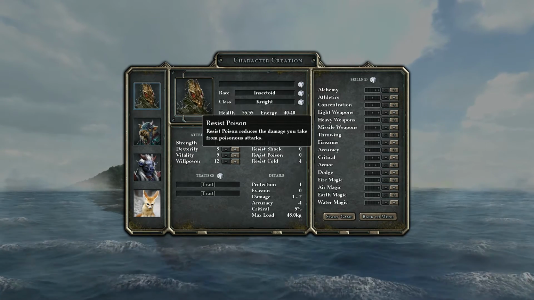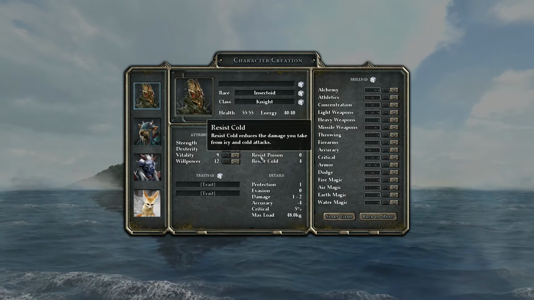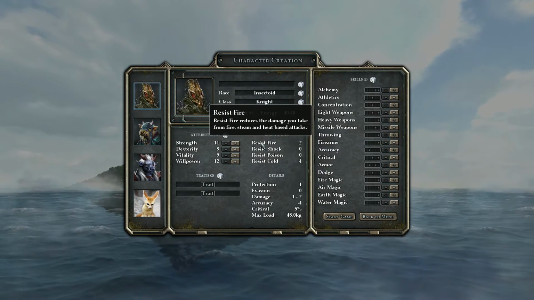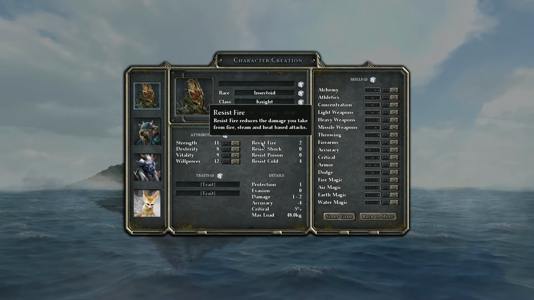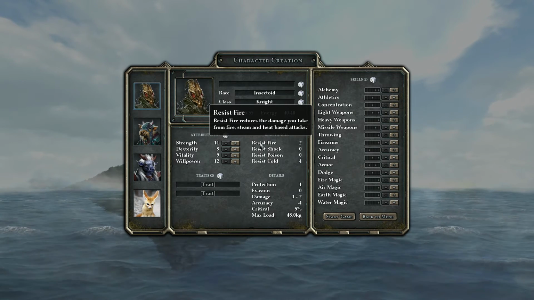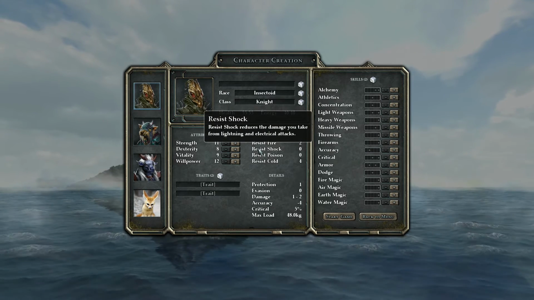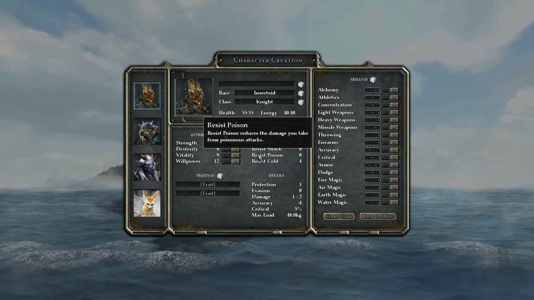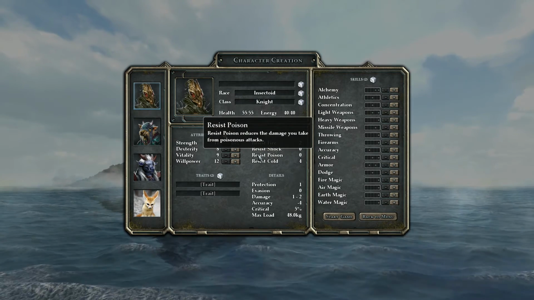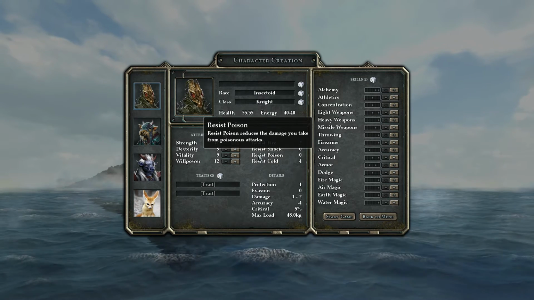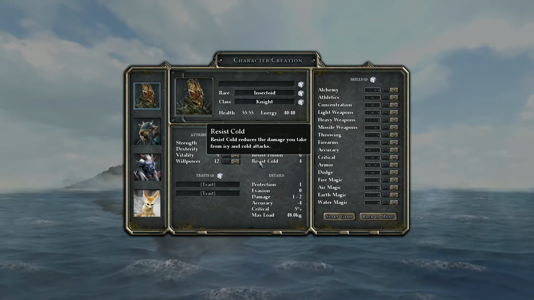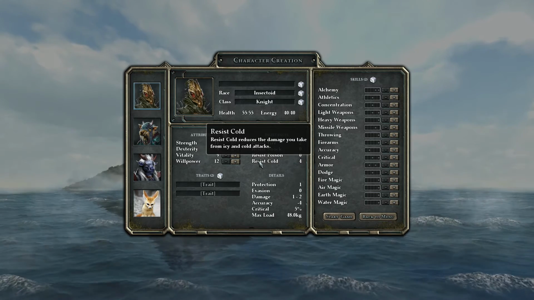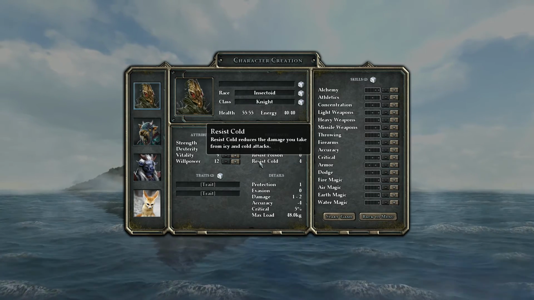Fire resistance, shock resistance. These are all more or less saying the same thing. Fire resistance reduces the damage you take from fire, steam, and heat-based attacks. Shock resistance reduces the damage you take from lightning and electrical attacks. Resist poison reduces the damage you take from poisonous attacks. Resist cold reduces the damage you take from icy and cold attacks.